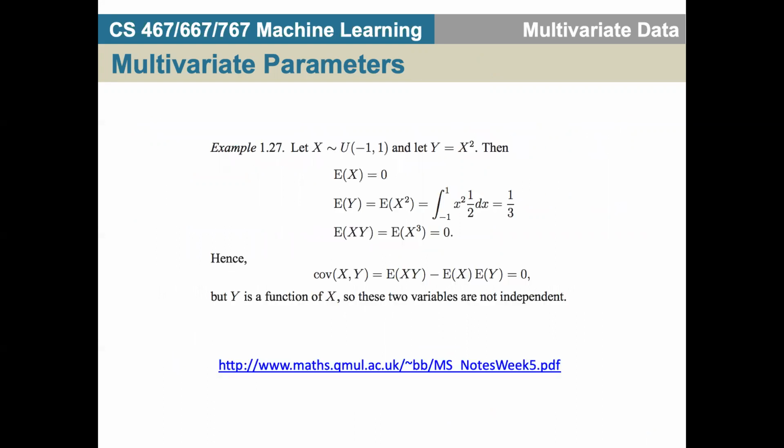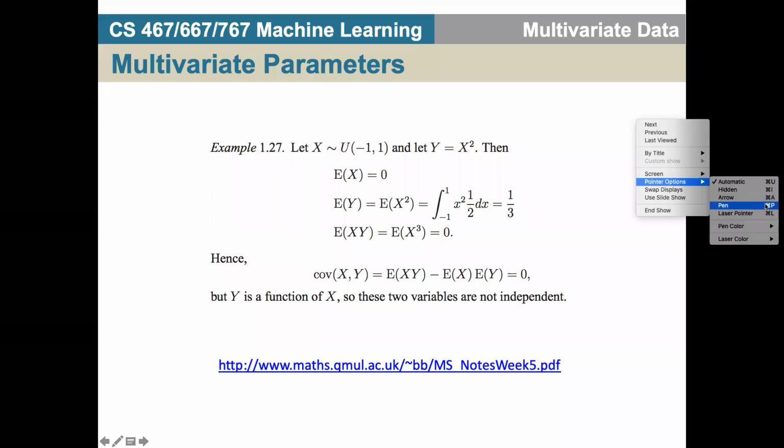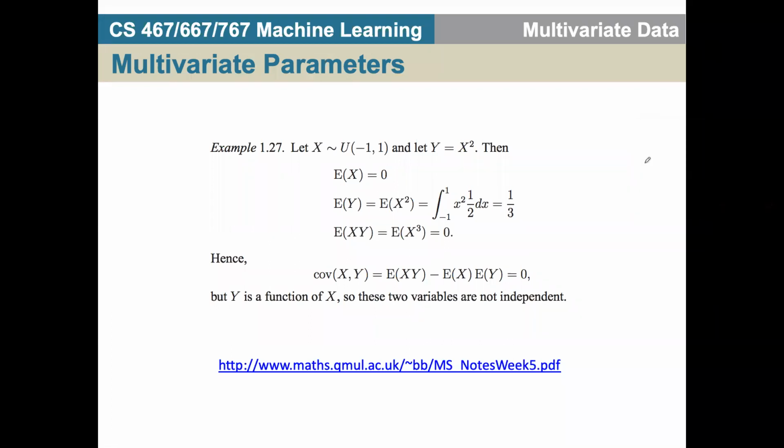Here is an example showing this, so that you can pay a little bit more attention: correlation being zero doesn't mean that they are independent. Here you consider this distribution. If we write its PDF, it's something like this. It's a uniform distribution. This U means uniform distribution from -1 to +1.